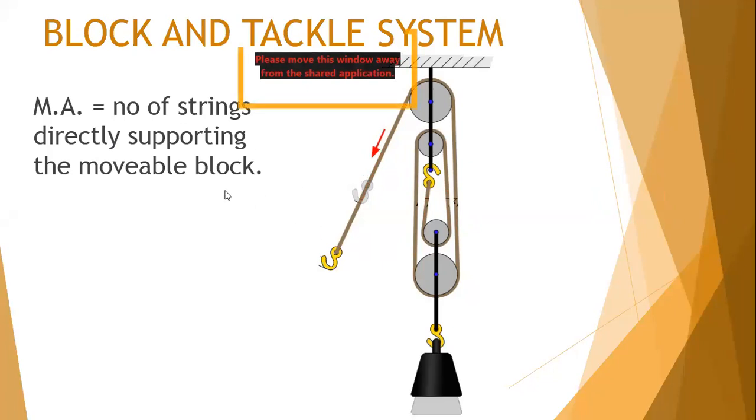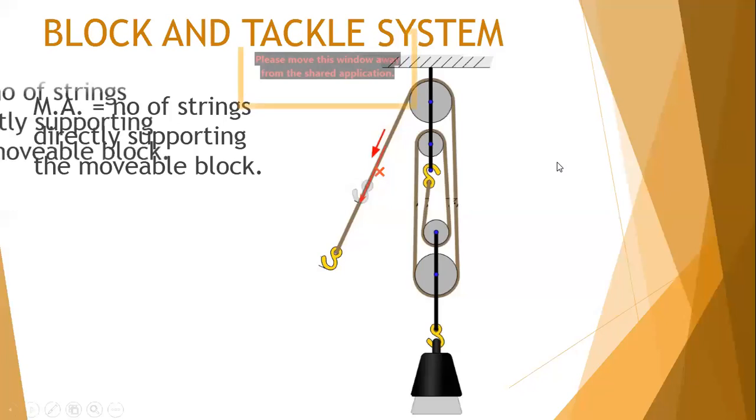So this is how you can find out the MA. But this one which I am drawing now, beta, this very string, is not supporting the movable block. So look at the lower part of it: 1, 2, 3, and 4 strings. So that's why the MA is 4.